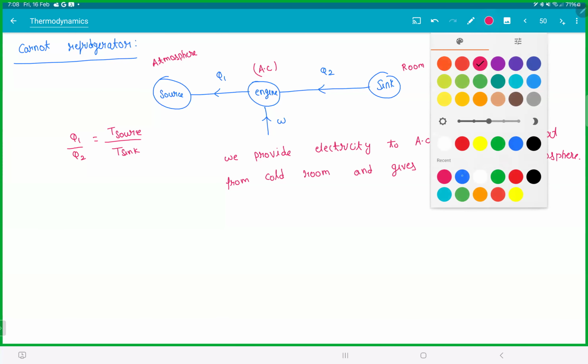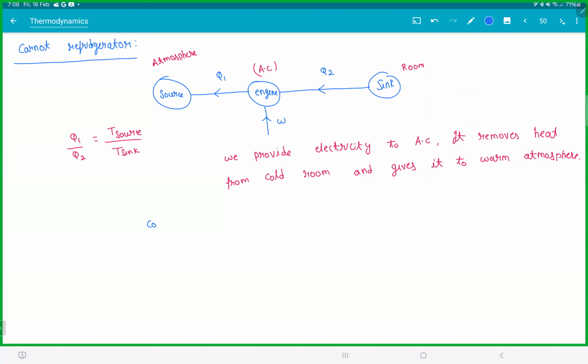So what you're interested in here is what we call the coefficient of performance. Beta, which is the amount of heat taken, Q2 by W. W is Q1 minus Q2. Bring that Q2 down. This will be 1 by (T source by T sink minus 1).